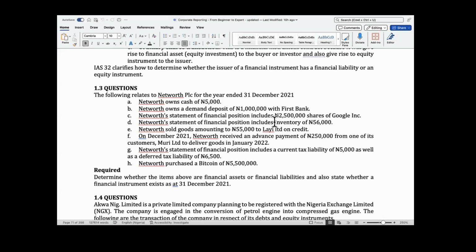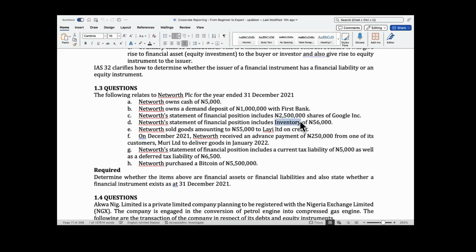So inventory is not a financial asset because it does not meet the definition of a financial asset. Inventory is not cash. Inventory does not give a right to receive cash. When you have inventory, yes, it's something you want to sell, if you are able to even sell it.